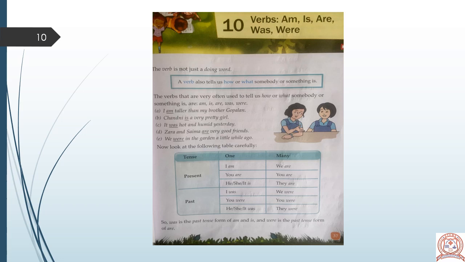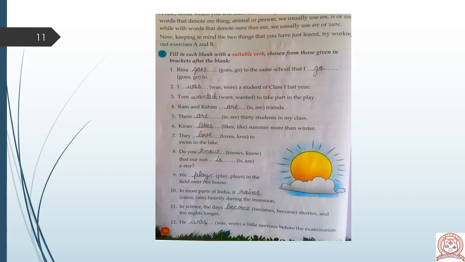In one present tense we use it is, but in past tense we will use it was, and for many we will use they were. So was is the past tense form of am and is, and were is the past tense form of are. Page number 38.